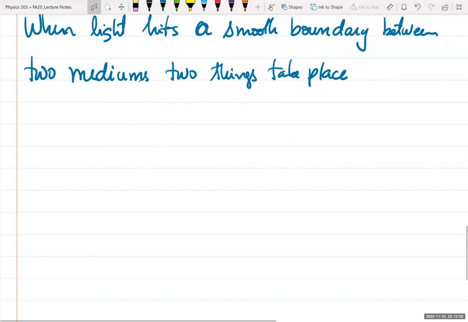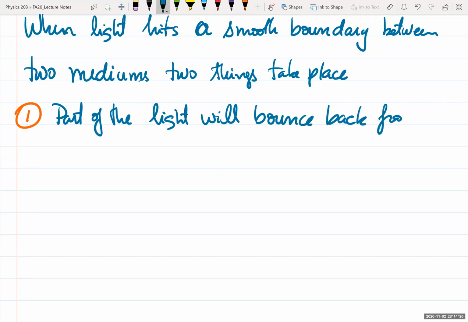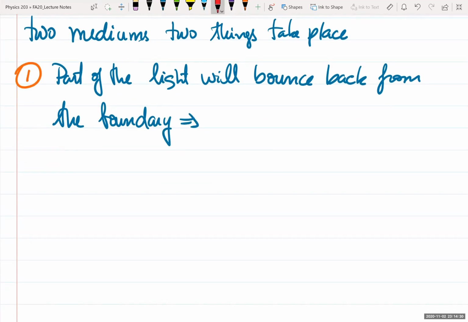Okay. Part of the light is going to bounce back from the surface. So part of the light will bounce back from the boundary. Okay, and this is what we call reflection.